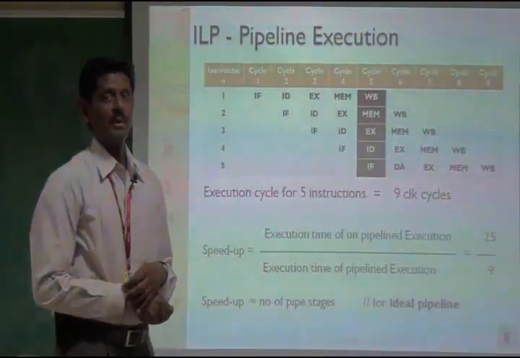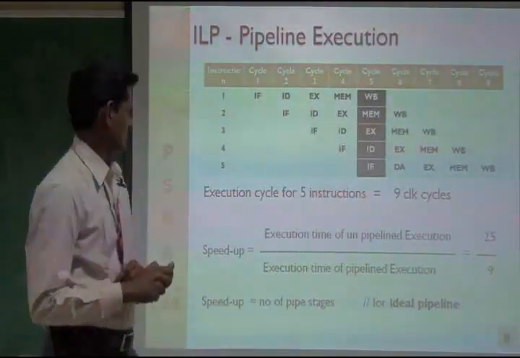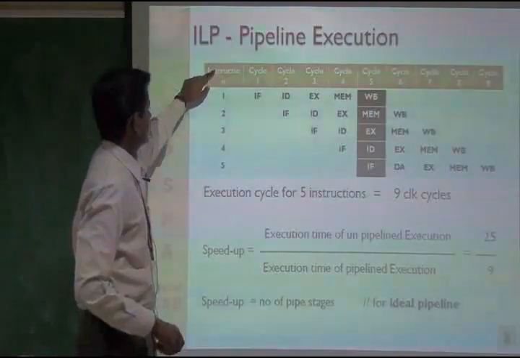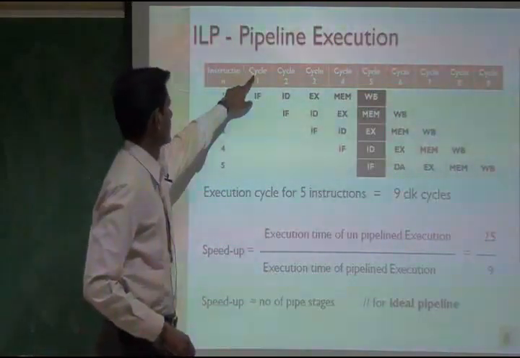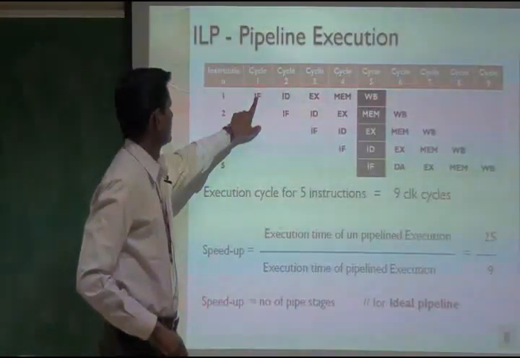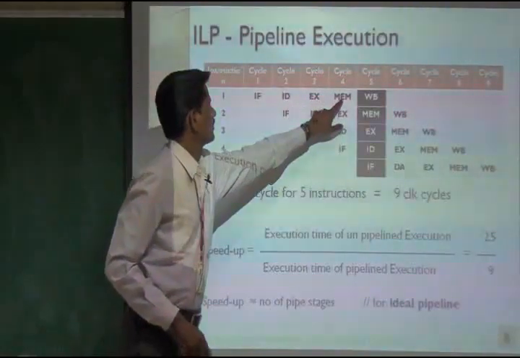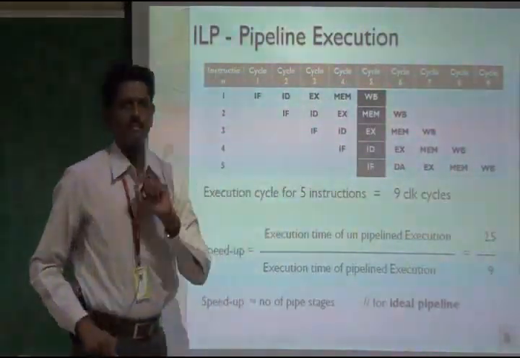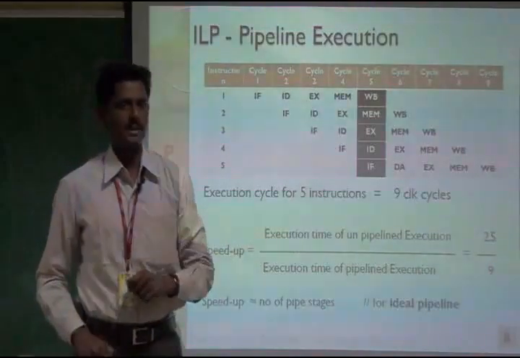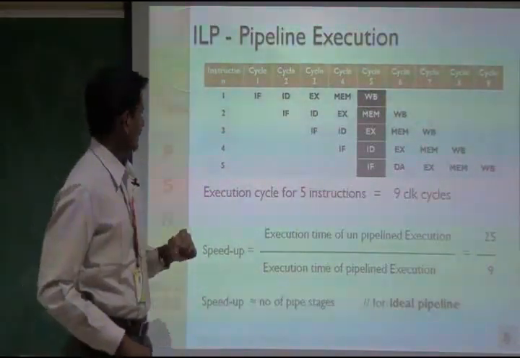Now a pipelined execution, or a parallel execution of instructions. Instruction 1 starts at clock cycle 1, then 2, 3, 4, 5. So in clock cycle 5, instruction 1 completes the operation, right?